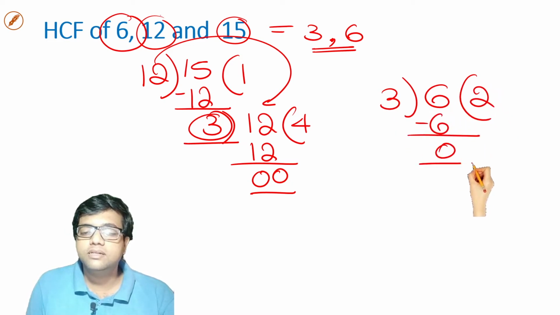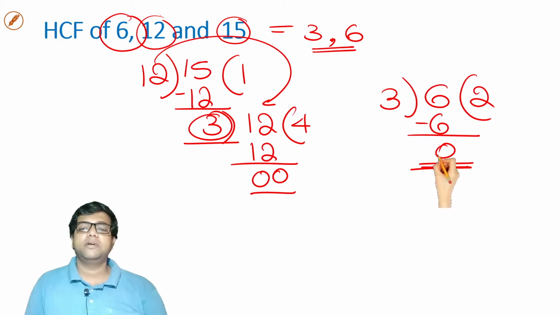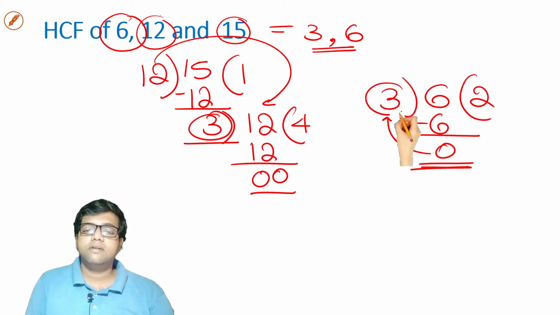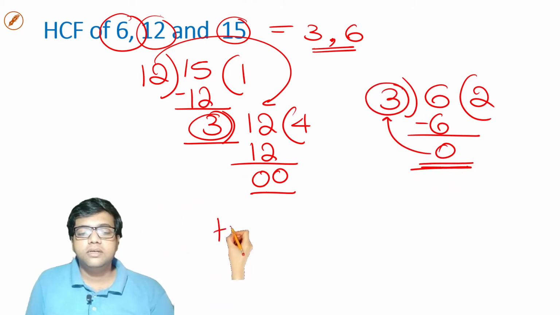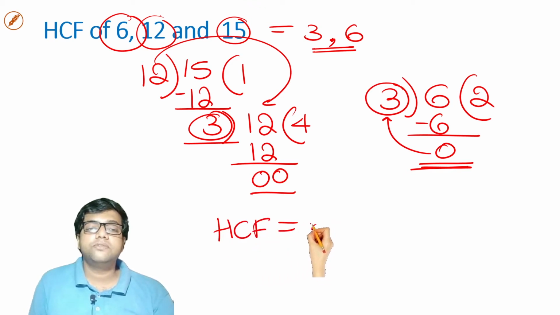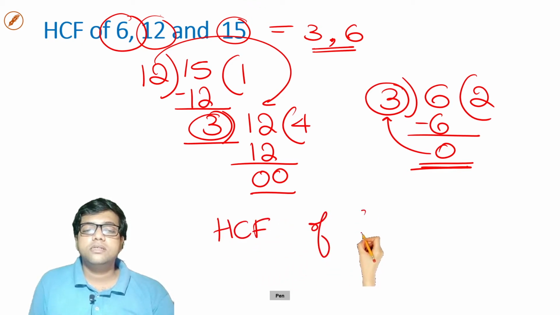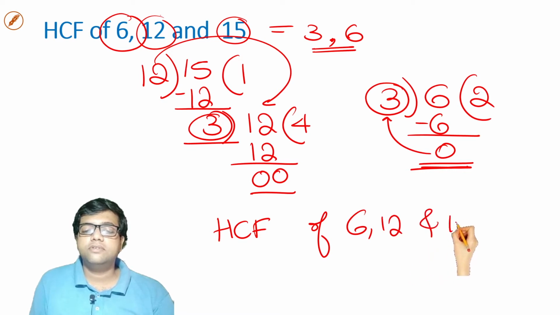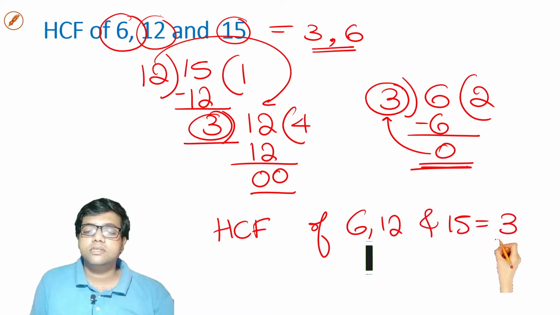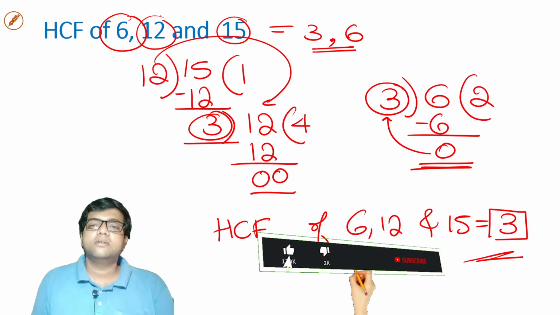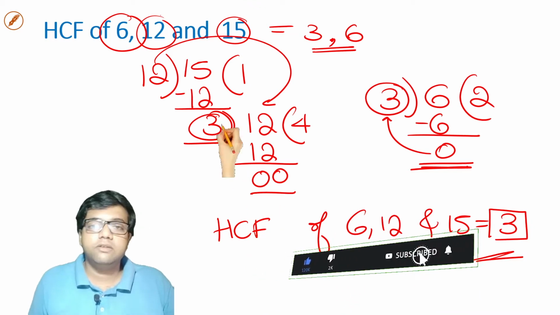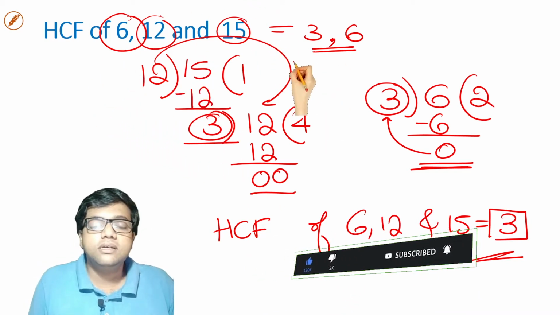You get the remainder 0, very easily. The immediate next divisor is 3. So the HCF of 6, 12 and 15 is equal to 3. So this is the method with which you will find the HCF for three numbers.